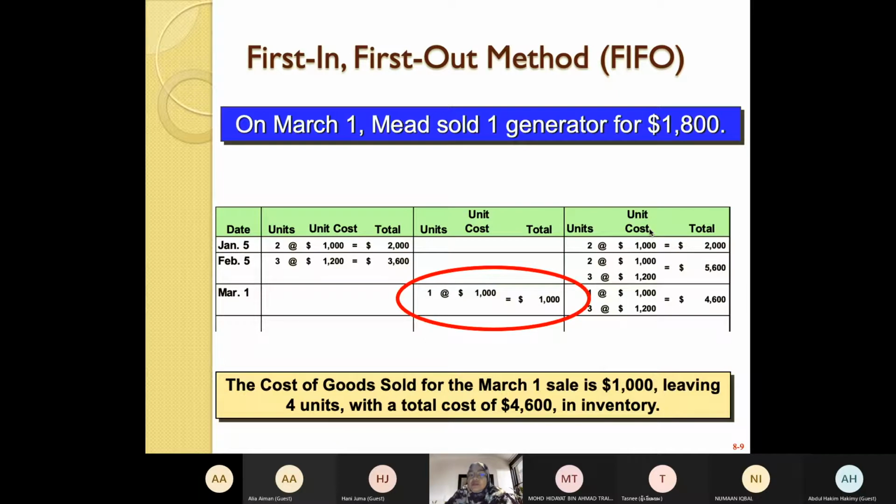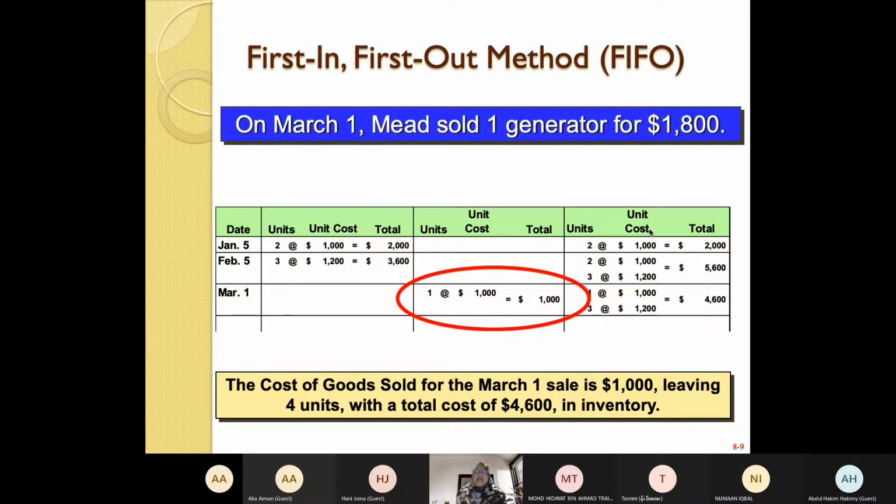That's why it's called first in, first out. It means that your first inventory that comes into your business will be the first that goes out from the business when there is a sale. Is that understood?